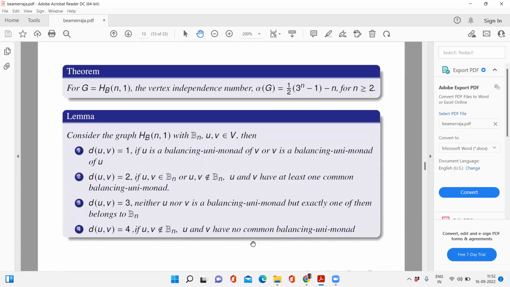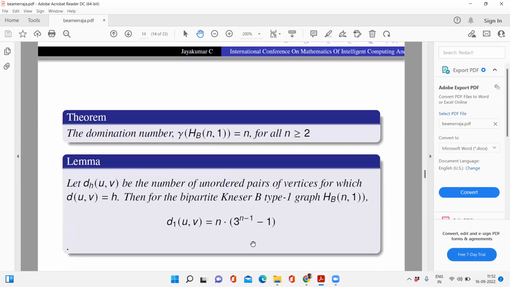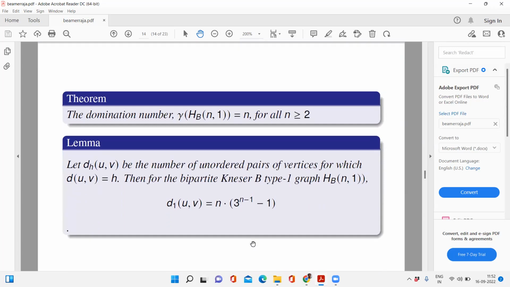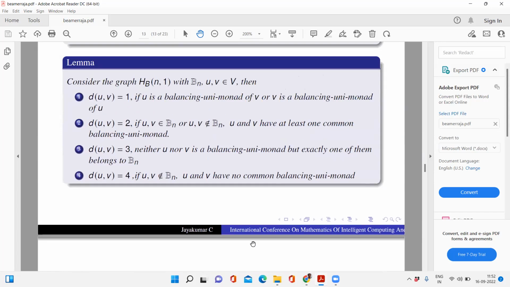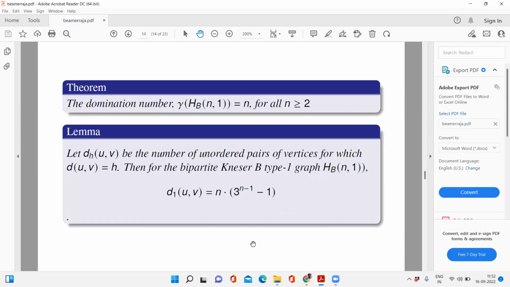We discussed various cases in which these distances are calculated. And also, we determined the domination number. For finding the topological indices, the number of unordered pairs having distances 1, 2, 3, and 4 are required. So we have calculated these also.